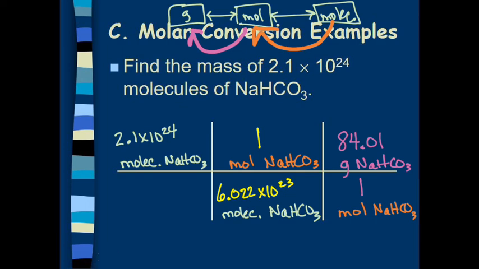Now, what are we going to do with all this information? It looks like we are ready to cancel some things out. Moles and moles cancels, molecules and molecules cancels. I am left with grams of baking soda, which is good because it said find the mass of baking soda.